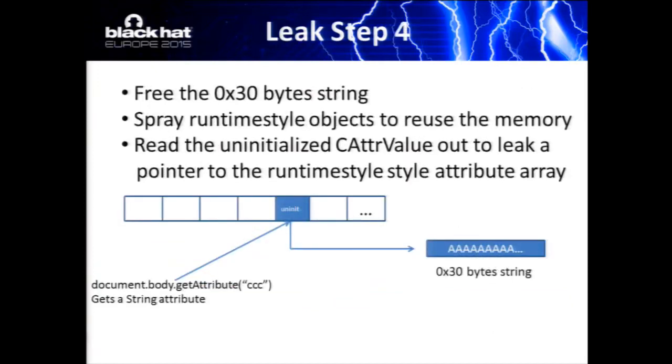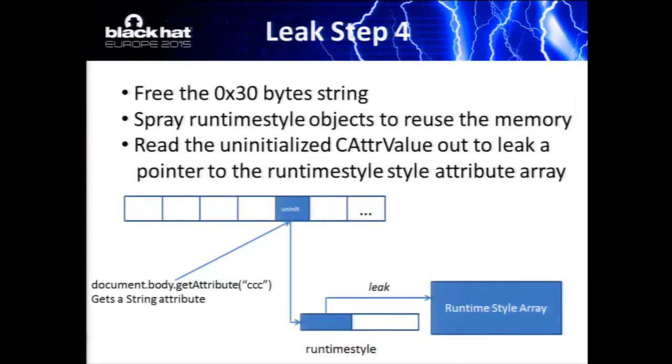Step 4, we free this string and allocate a runtime style object. This runtime style object has the same size as the freed string. Now, if we access this uninitialized attribute again, it still thinks this attribute is the string attribute, although this string is already freed and reused by the runtime style object.